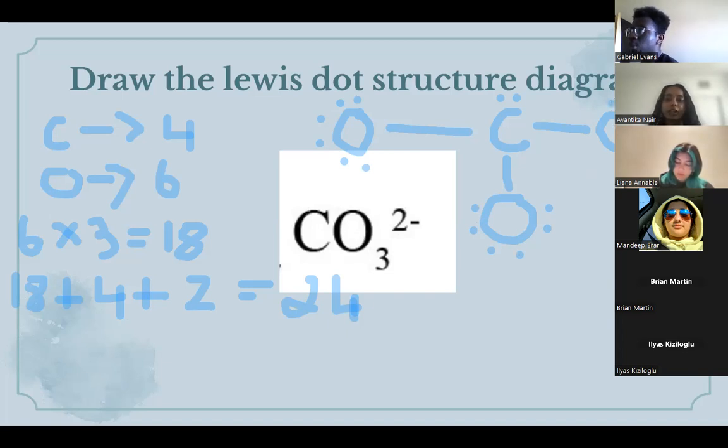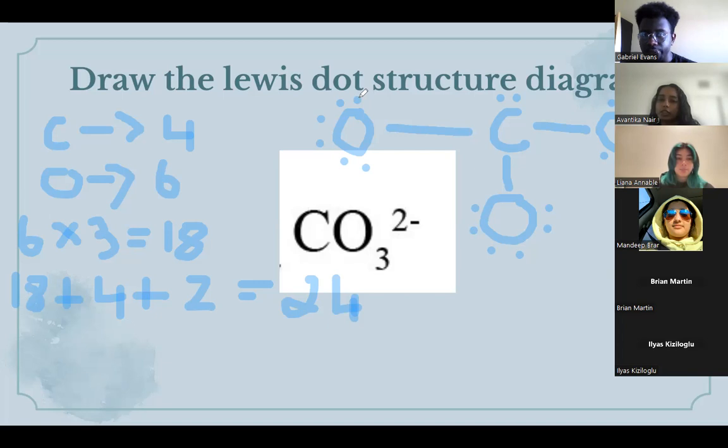That's a really good question. So if you can see right now, doesn't this have a double bond? So the way you would determine is you have to count the number of valence electrons. In this case, we know we have 24, right?